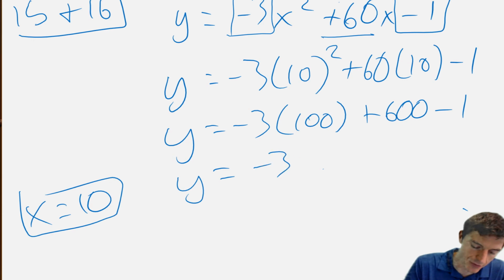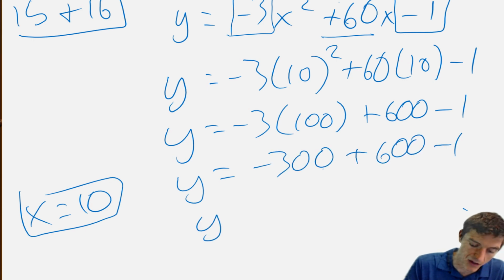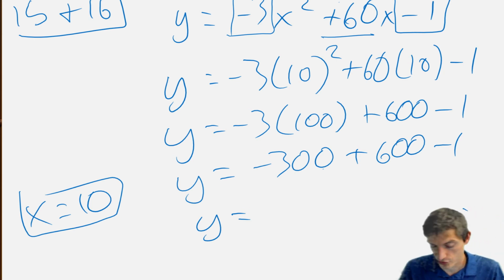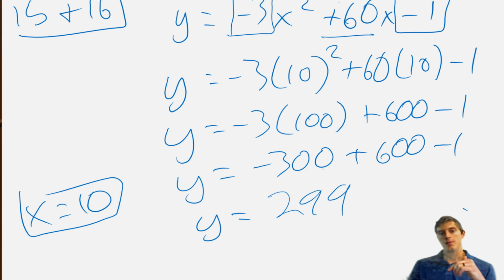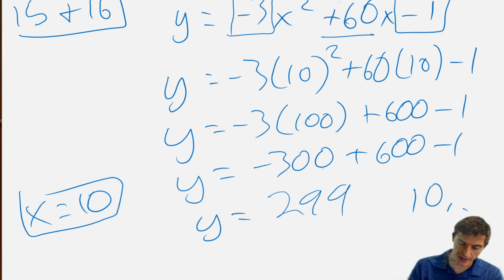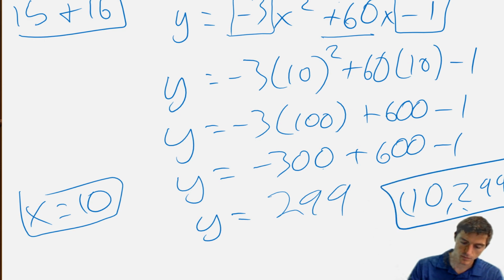That's -300 plus 600 minus 1. So 299. So at my axis of symmetry, my parabola has a height of 299. The way we want to write it as a point is 10 comma 299. And that'll be my solution.